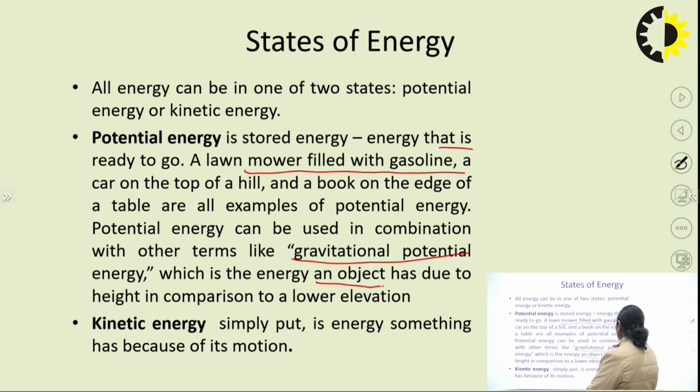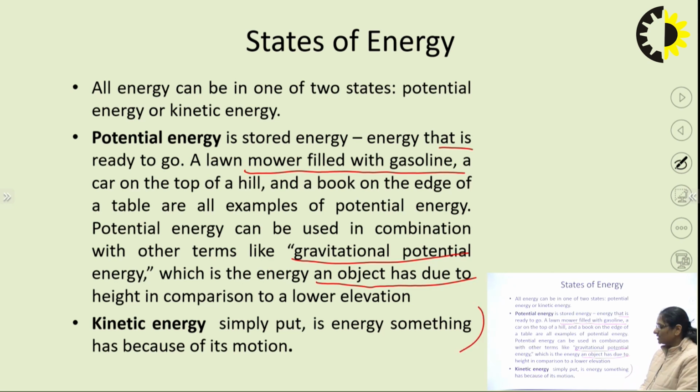Gravitational potential energy is the energy possessed by an object due to its height in comparison with a lower elevation. The other state of the energy is the kinetic energy, which is the energy that something possesses due to its motion.